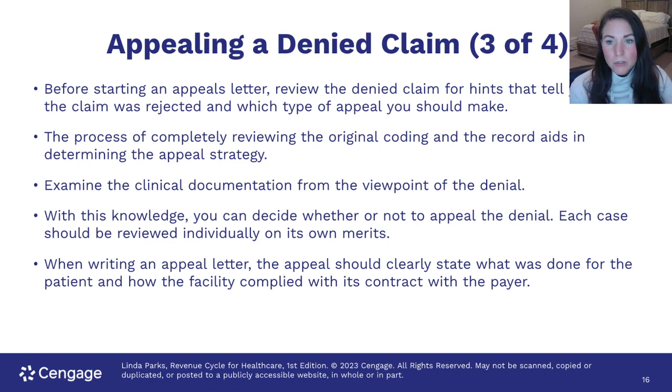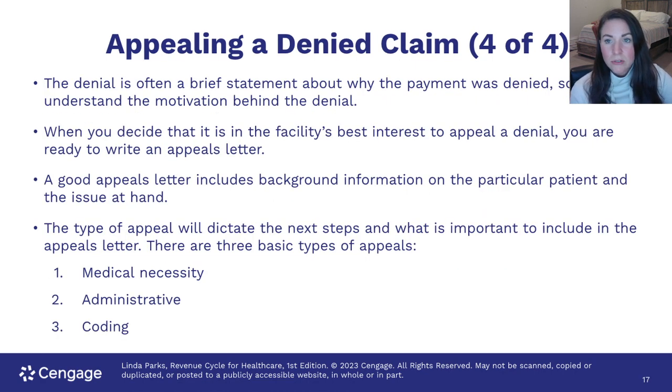When you write an appeal letter, you need to clearly state what was done for the patient, how your facility complied with the contract with the payer, and show that you did everything right. You also have to include background information on the patient and whatever the issue at hand was, what they're having problems with.